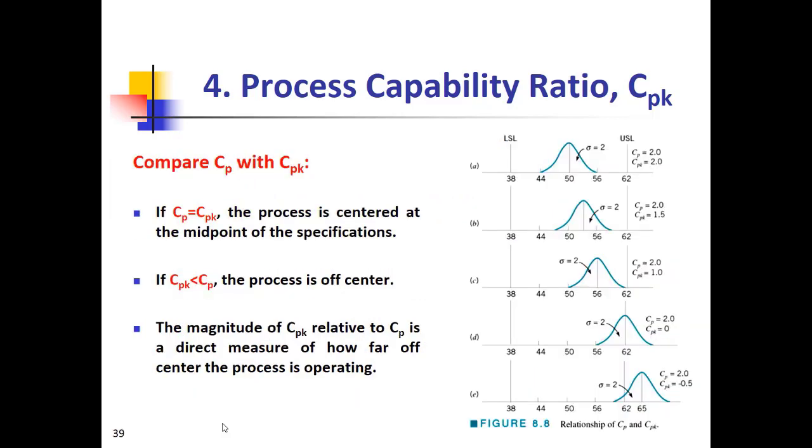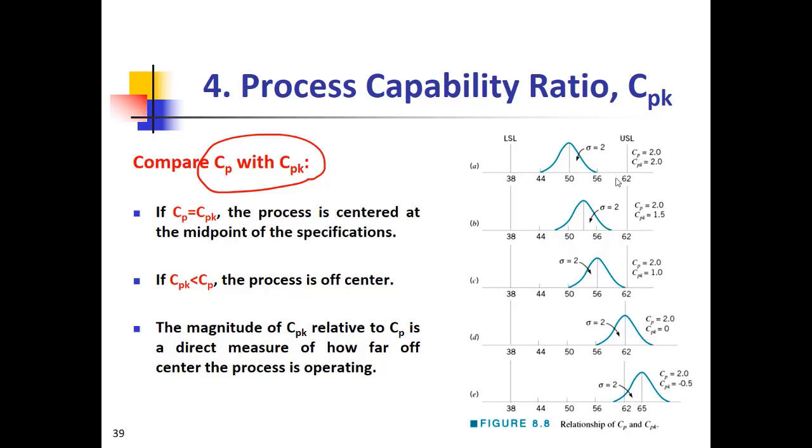Okay, this figure also shows the difference between CP and CPK for different values of CP and CPK. If CP is equal to CPK, we will have such a distribution.